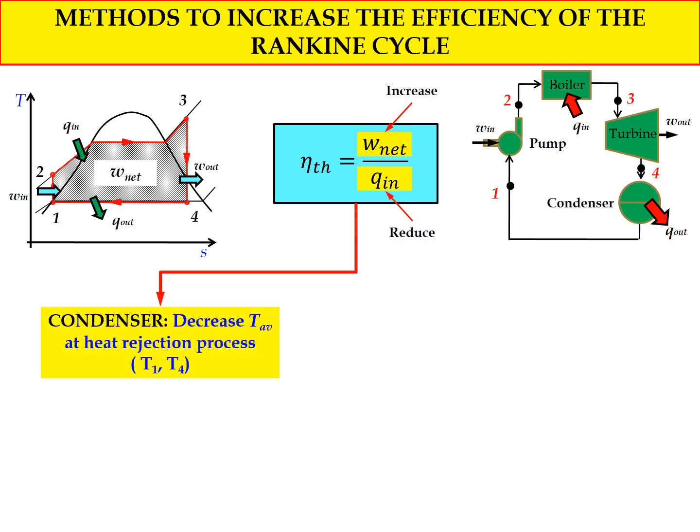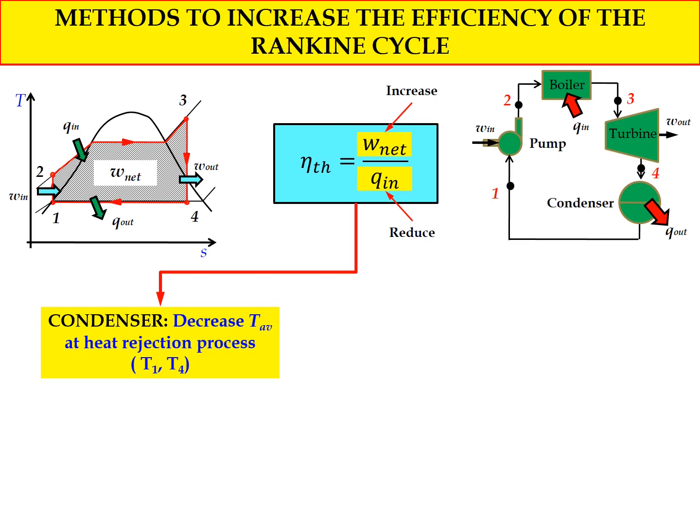There are two approaches that can be used to increase the efficiency of the Rankine cycle. First, we can make some modification at the condenser, where we need to decrease the value of T average. T average here means the average temperature at the heat rejection process, which means we need to reduce the temperature T1 or the temperature T4.